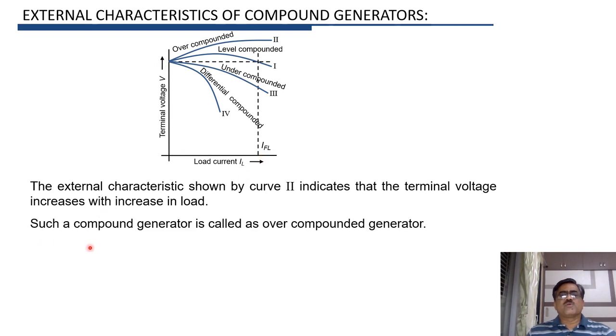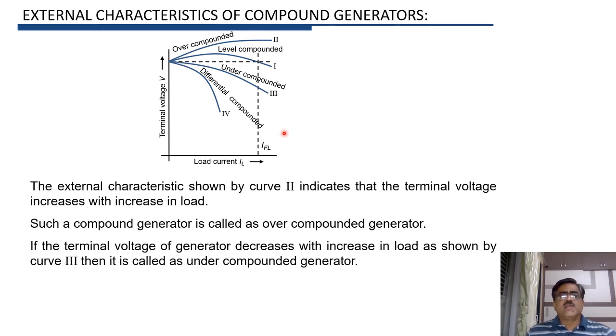So such type of compound generator is called as over compounded generator. So this curve 2 shows external characteristic of over compounded generator in which the terminal voltage increases with increase in load.